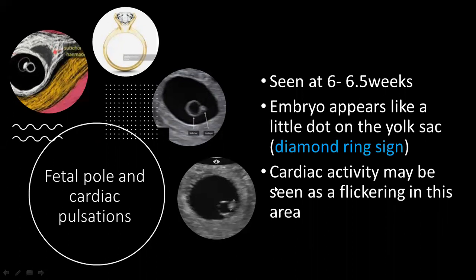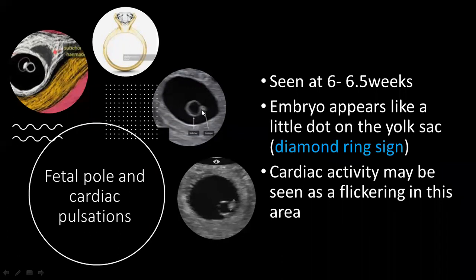Using a high resolution transvaginal probe, you might actually see cardiac activity on this small embryo. We can see a flickering sign in the hyperechoic area. This is our diamond ring, as you can see from this picture. The yolk sac is our ring.